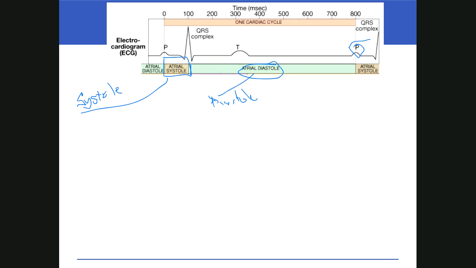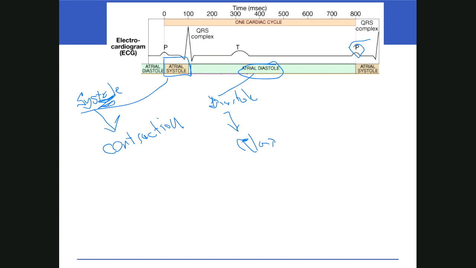What does systole mean? Contraction. So the atria are going to contract. And then what does diastole mean? Relaxation. So the atria are going to relax.